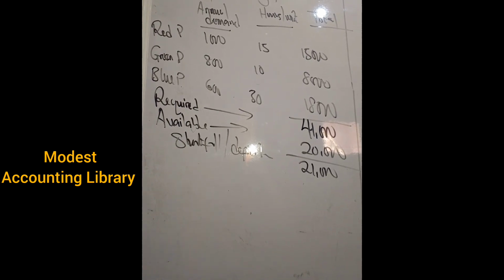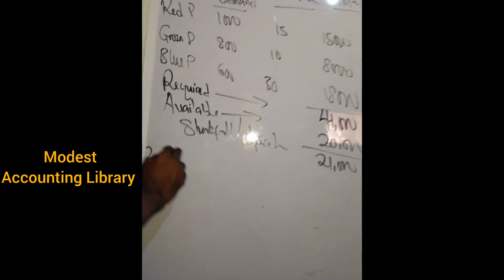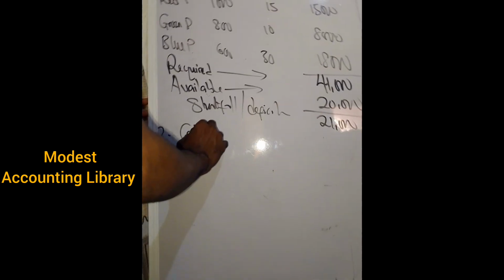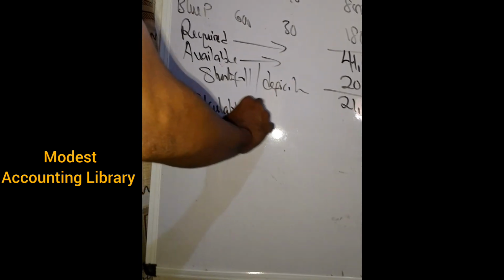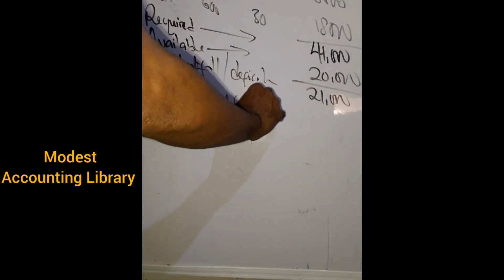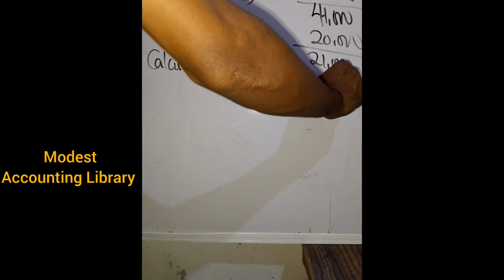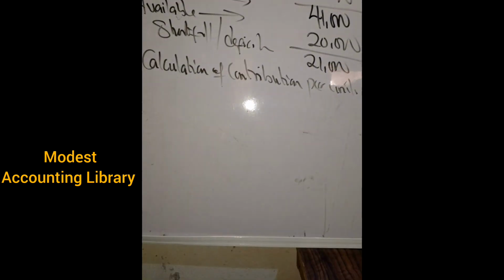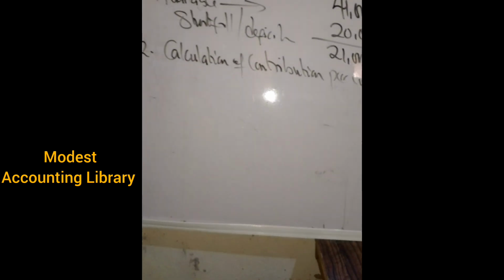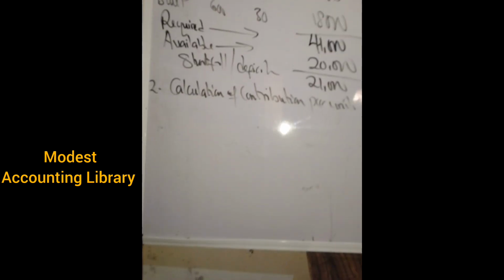So the next thing is the calculation of contribution per unit. I have explained this, but I want to talk about it again.